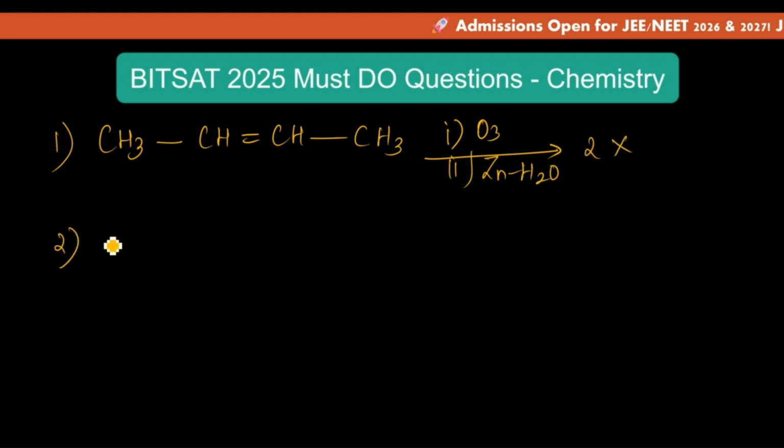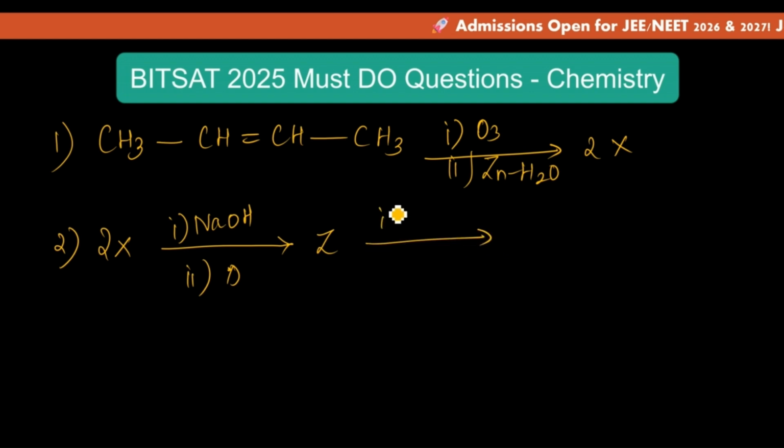The second reaction says 2X is treated with NaOH and heat, which is forming Z. It is undergoing ozonolysis to produce A plus B. They are asking A plus B of this reaction.